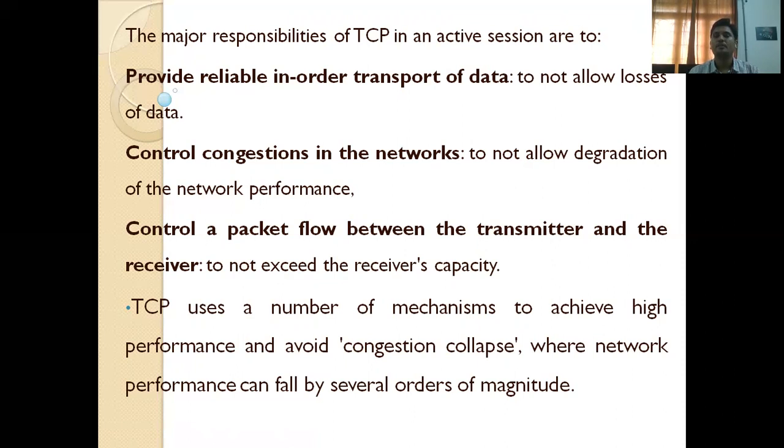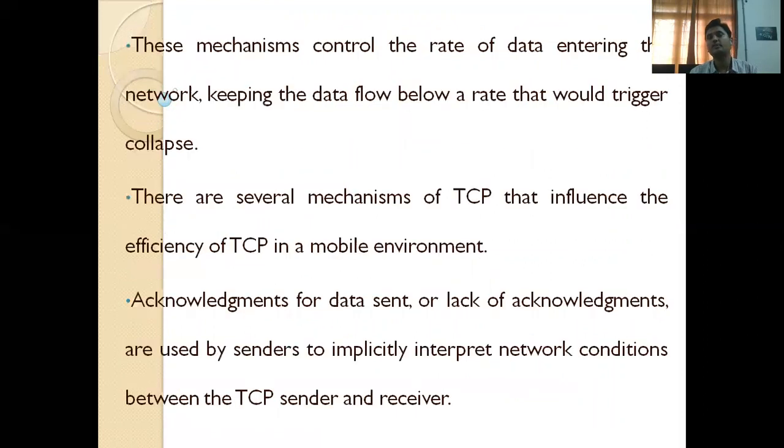TCP uses a number of mechanisms to achieve high performance and avoid congestion collapse, where network performance can fall by several orders of magnitude. These mechanisms control the rate of data entering the network, keeping the data flow at a rate that would not trigger collapse. There are several mechanisms of TCP that influence the efficiency of TCP in a mobile environment.